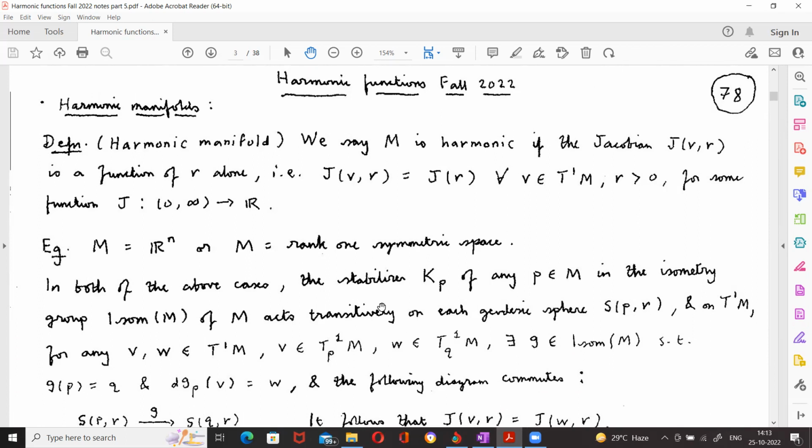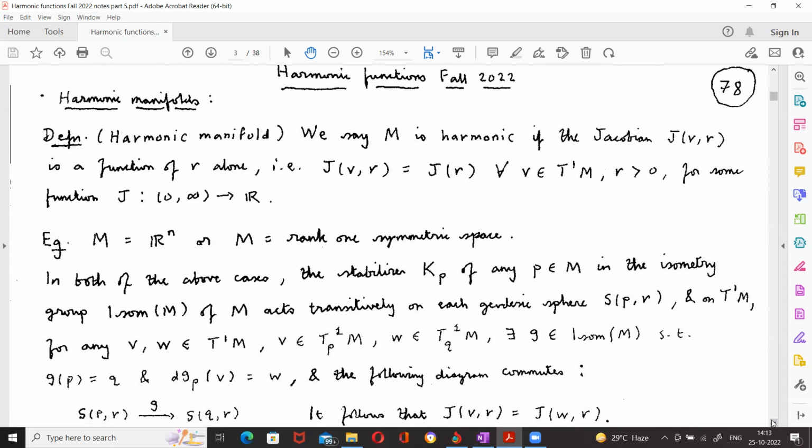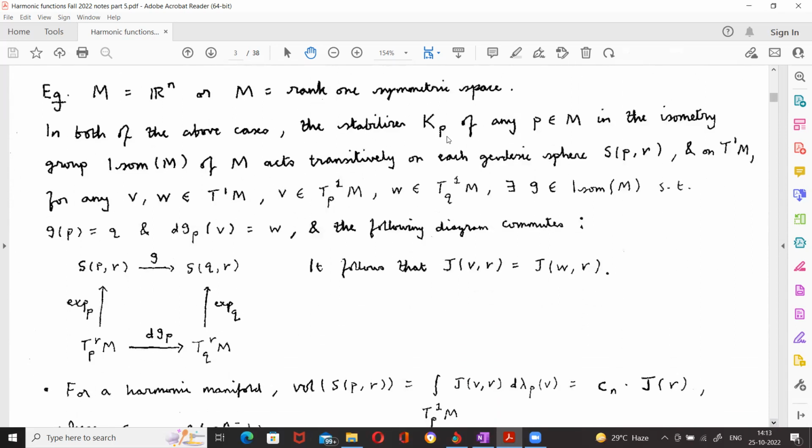And as examples of this, we saw that Euclidean space or rank 1 symmetric spaces are both harmonic manifolds, because the stabilizer of any point in the isometry group acts transitively on unit tangent vectors.